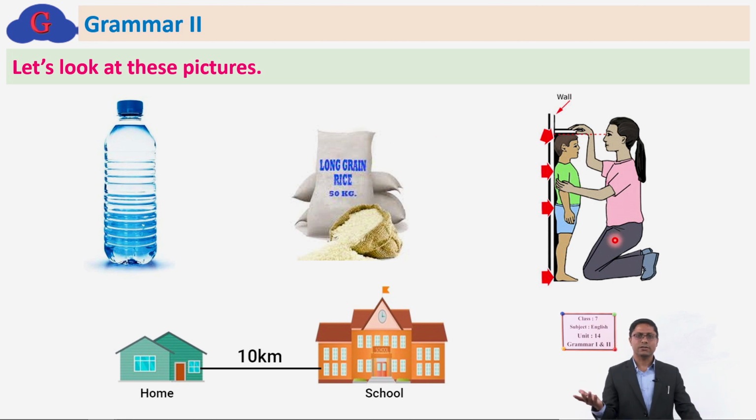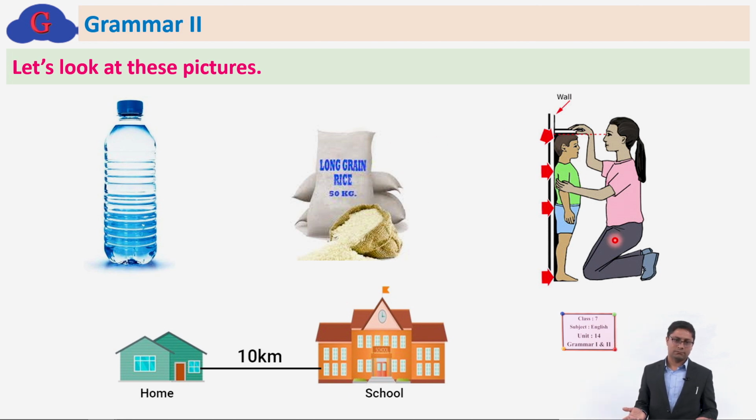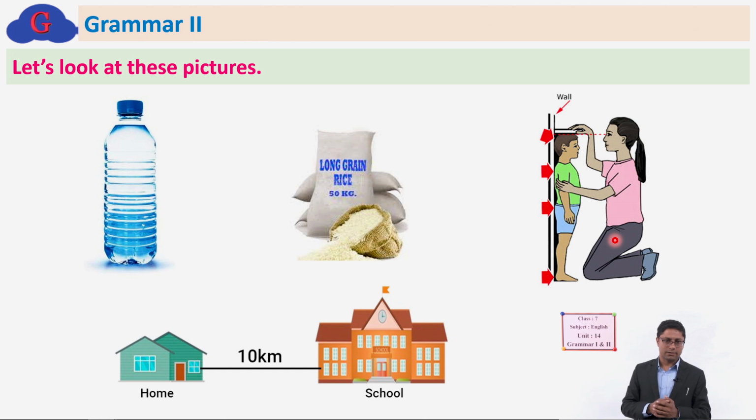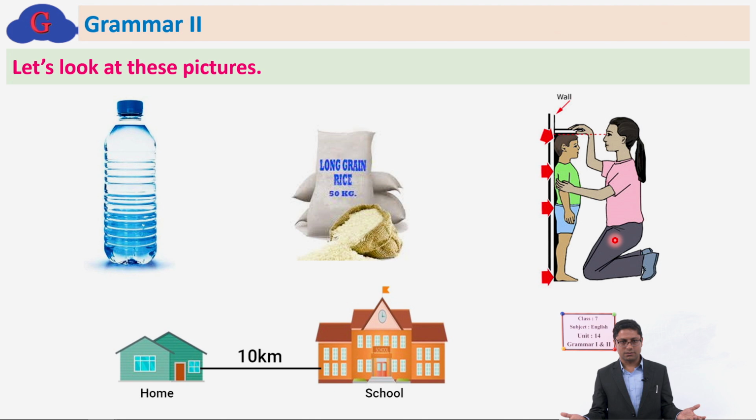Look at the next picture. What do you see there? A lady is taking the measurement of a boy's height. So what question do we ask in such a situation? How tall is the boy? Maybe 3 feet 5 inches, for example. And look at the next. There is home, there is school, and there is a 10 kilometer distance.